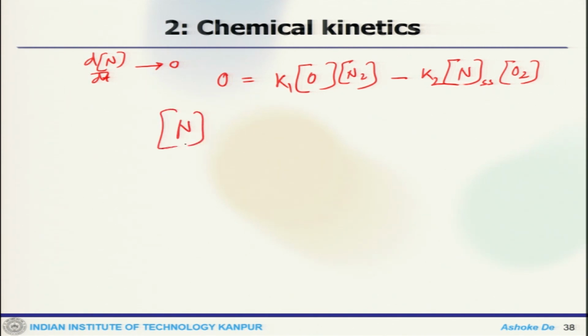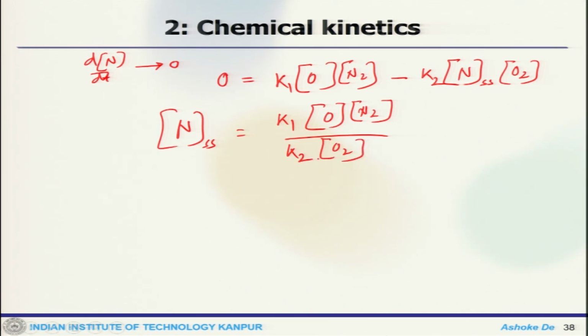So, my N at steady state is K1 [O][N2] divided by K2 [O2]. You can mark this as 2.45 and this is 2.46.